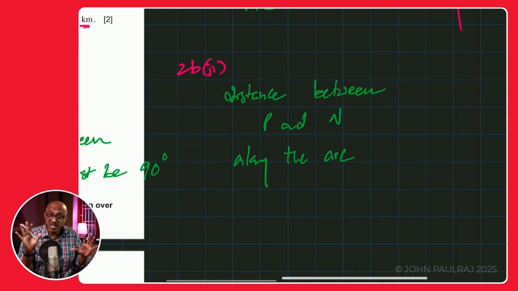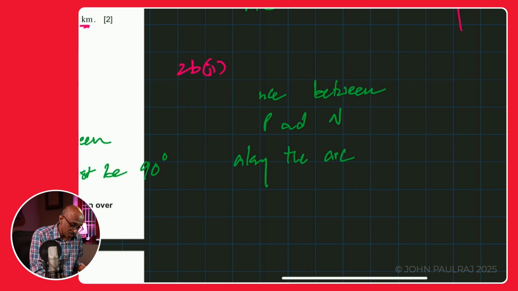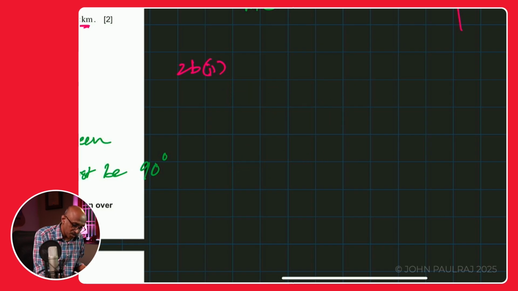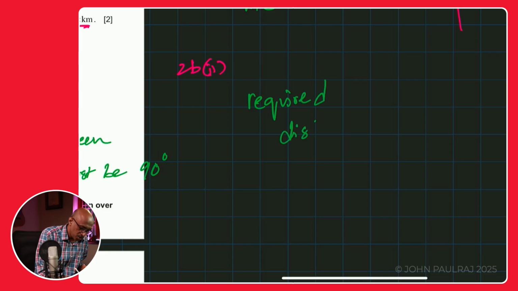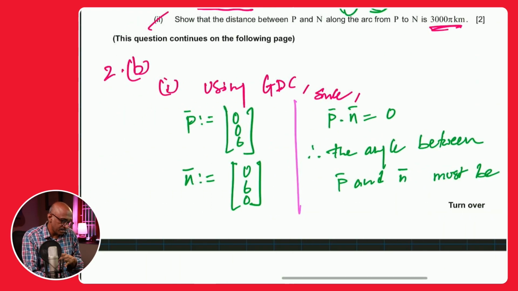And if it takes too much time, as it is taking too much time, the smartest thing to do is just write down required distance. Required distance. That's short, cute, and it still preserves the idea of what we're trying to do, right?